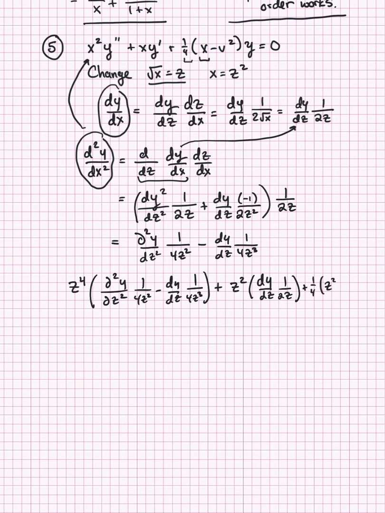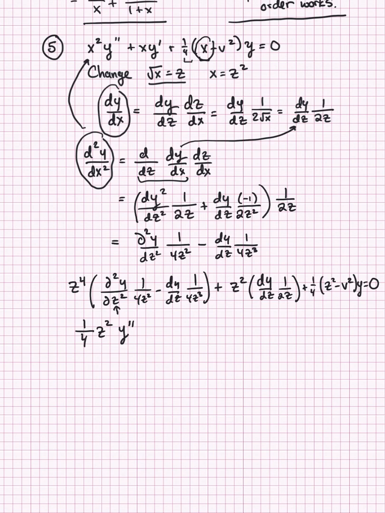And finally here we just have a fourth. Now kind of the whole point, or the reason that you might suspect that square root of x is a good thing to substitute, is because we have an x here, which is now turned into z squared, minus v squared y is equal to 0. Luckily this should reduce to something nice. So the second derivative term just becomes a quarter z squared y double prime, where now this is the second derivative with respect to z.